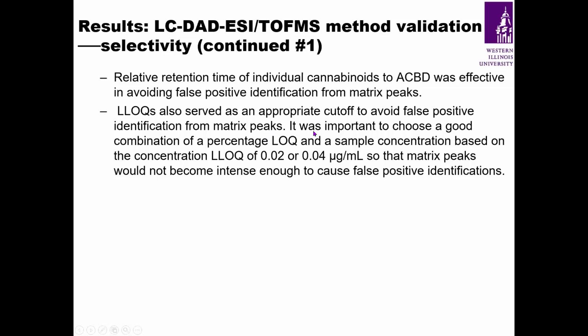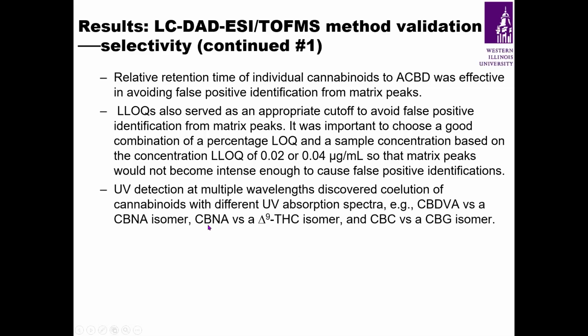So it was very important to choose a good combination of a percentage LLQ and a sample concentration, based on the concentration LLQ of 0.02 or 0.04 microgram per milliliter, so that matrix peaks would not become intense enough to cause false positive identifications. UV detection at multiple wavelengths discovered the coelution of cannabinoids with different UV absorption spectra.